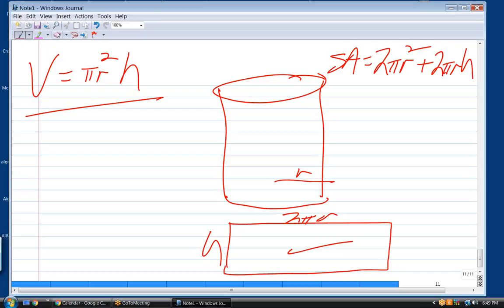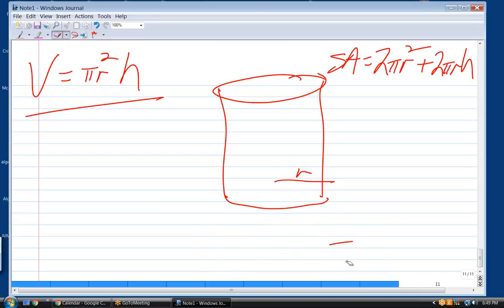Okay? So now I have my two equations. Well, I could take this and solve that for h in terms of r, go over here, substitute whatever I get for h, and then I have volume strictly as a function of r. And if you go through the math of this, you find out that the diameter of the can needs to be exactly the same as the height.